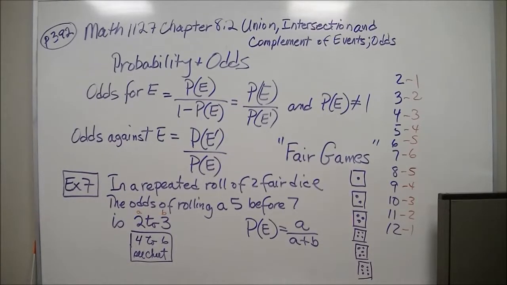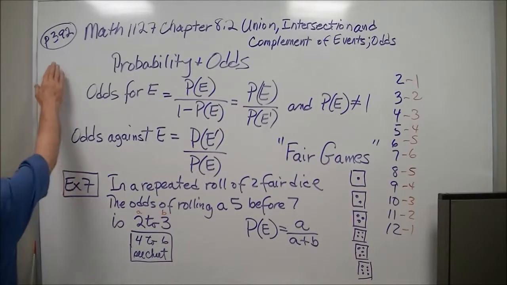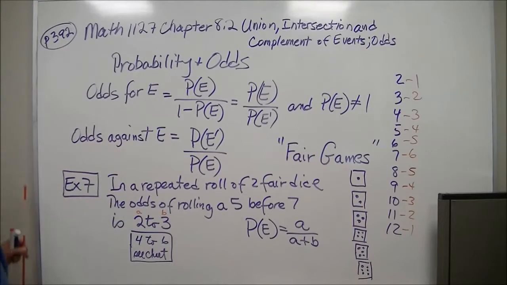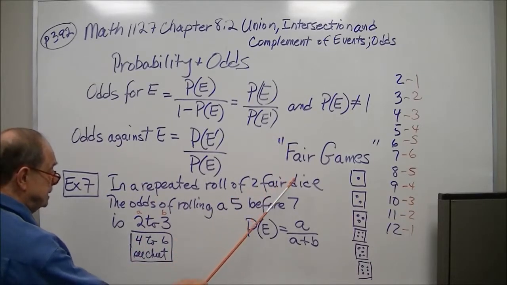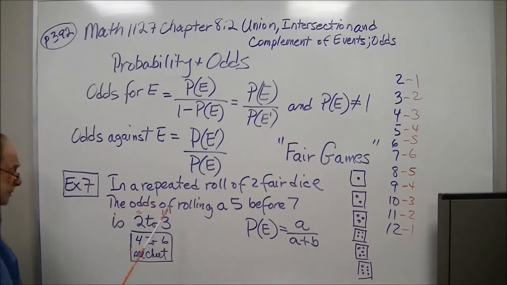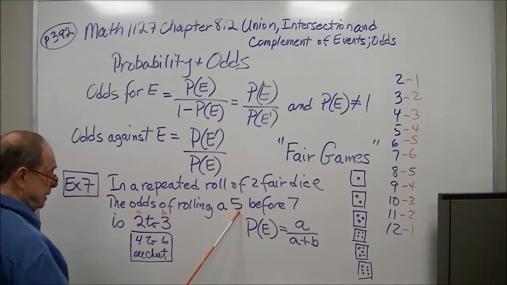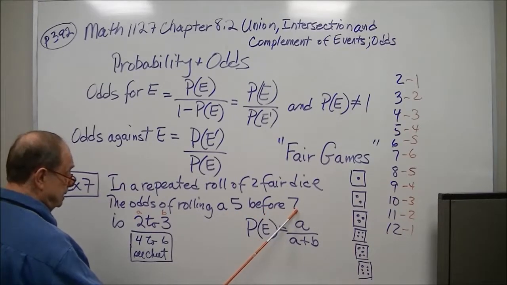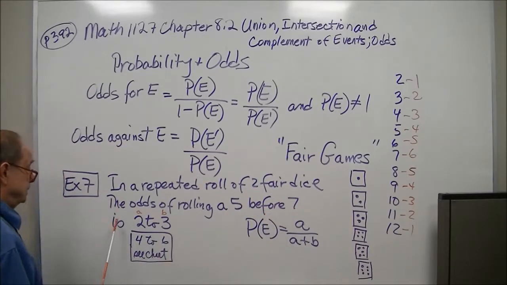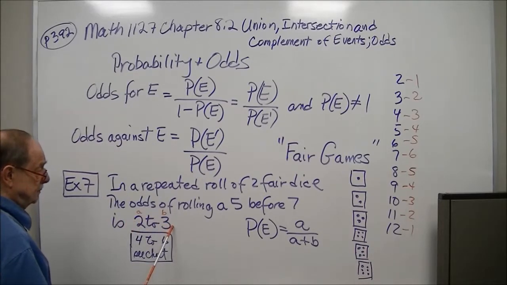Okay, moving on to example 7. It starts on page 392. It says, in a repeated roll of 2 fair dice, the odds of rolling a 5 before a 7 is 3 to 2. Now, where did they get that from?